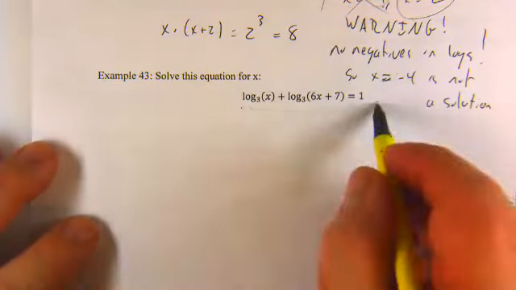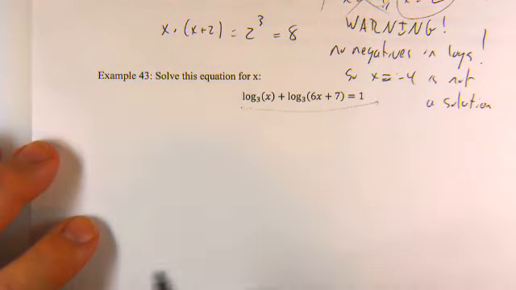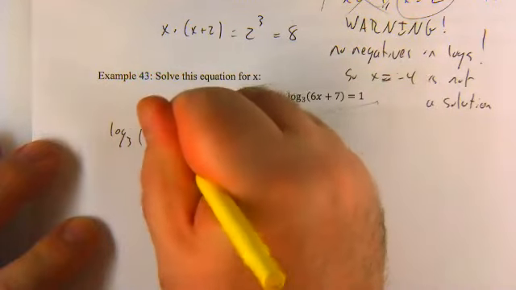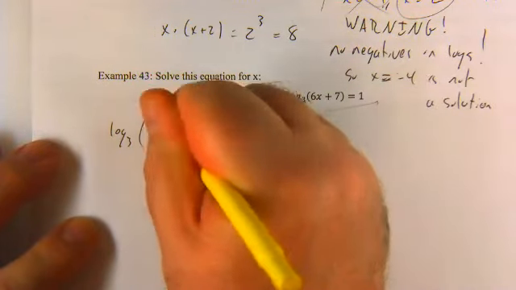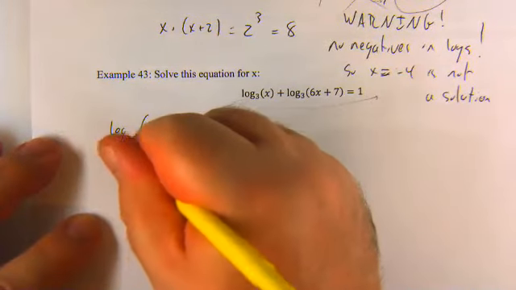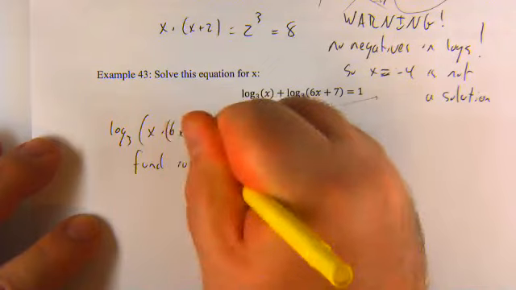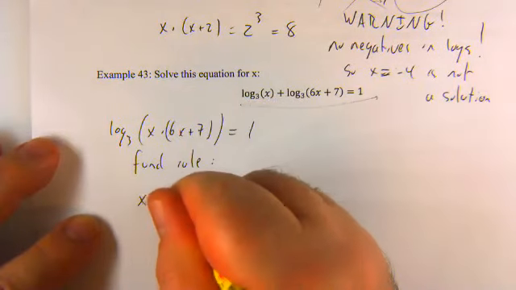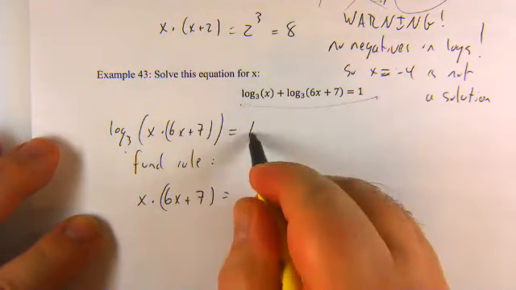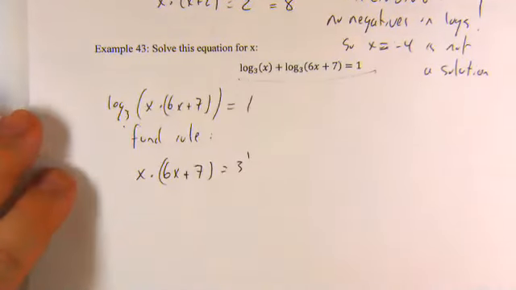Okay? So, and we'll probably run into the same problem here, right? So we can pull this together. Log base 3 of x times 6x plus 7, quantity equals 1. We can use the fundamental rule again. The thing inside the logarithm equals 3 raised to the power.